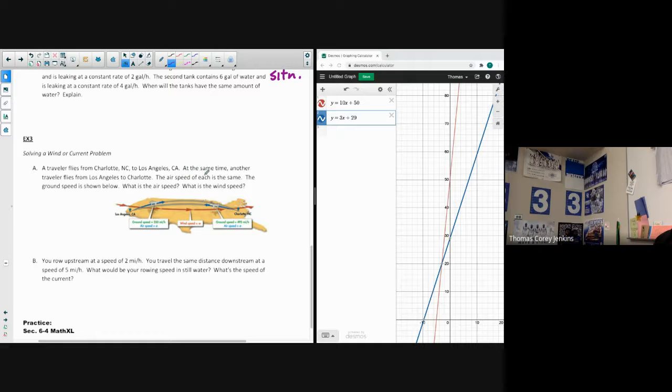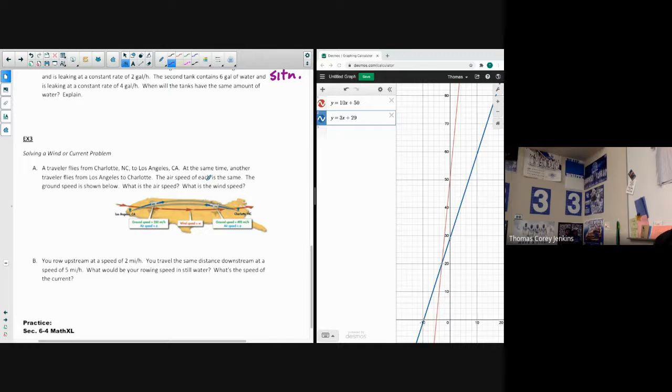The airspeed of each is the same. First of all, what do we mean by airspeed? That's going to be the speed of the wind, I believe. And then the ground speed is shown below. What is the airspeed and what is the wind speed?